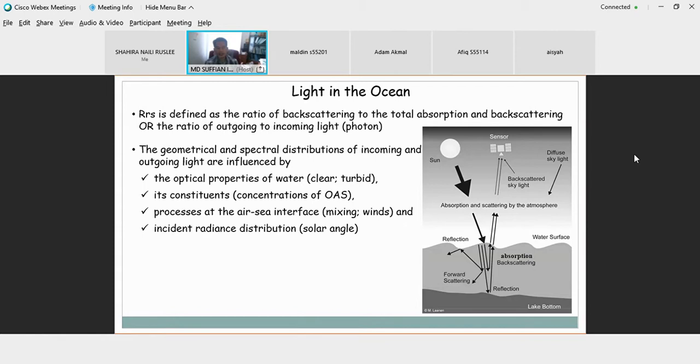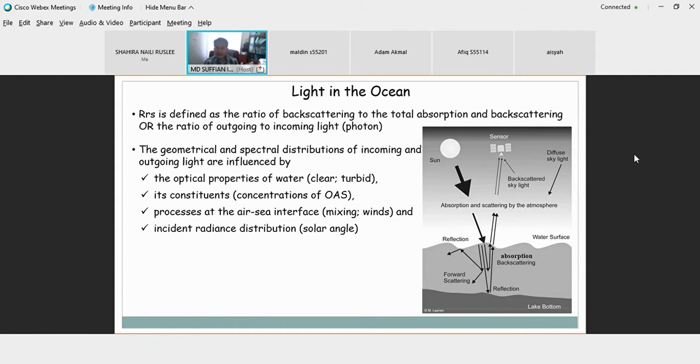So RRS equals BB over A plus BB, where A is absorption and BB is backscattering. Or it is the ratio of outgoing radiance or outgoing irradiance over incoming radiance. The light that leaves the sea surface divided by the light that reaches the sea surface. That is known as remote sensing reflectance: upwelling divided by downwelling irradiance.